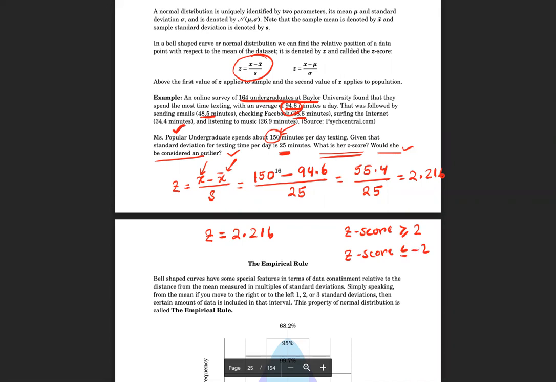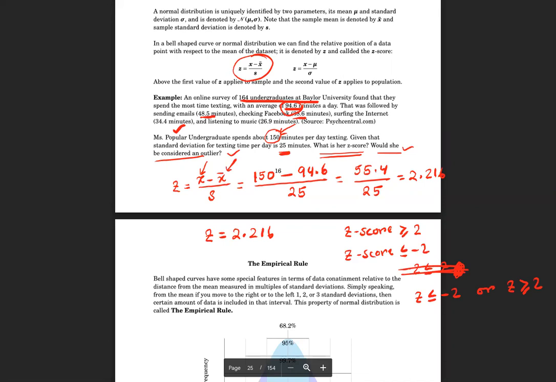Another way of saying the same thing: z is less than or equal to -2, or z is greater than or equal to +2. If that happens, that data point is considered an outlier.